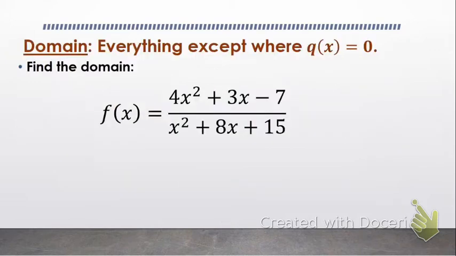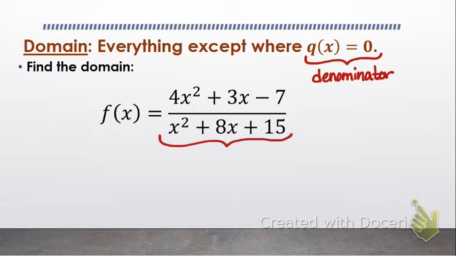Domain for a rational function is everything except where q of x, our denominator, is equal to 0. So what I want to do here then is I need to factor this denominator so that I can find its zeros. If I factor that denominator there, multiplies to 15, adds to 8, that would be 5 and 3.